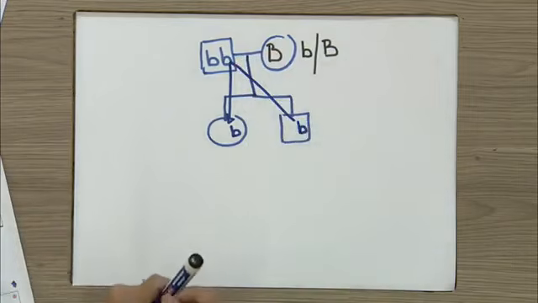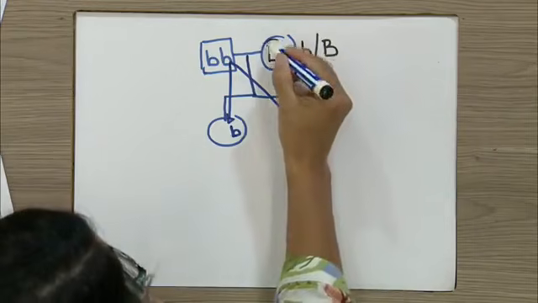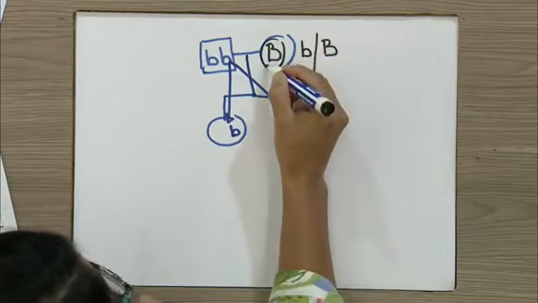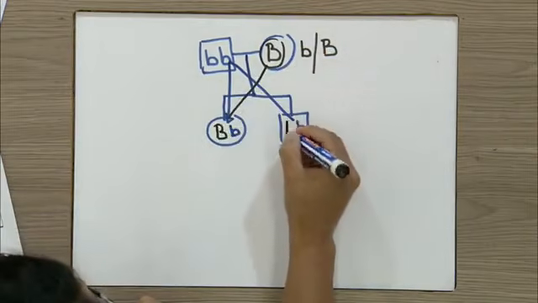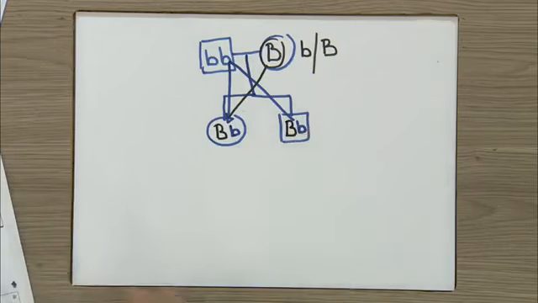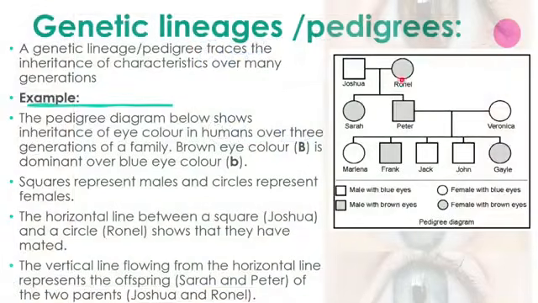For them to have brown eyes, it must be that the mom gave a capital B, the dominant allele, to both her children. Right, so if we go back to the slides, we see then that Joshua is homozygous recessive. Runel, we still don't know, because we can't see from the children whether she is homozygous or heterozygous.